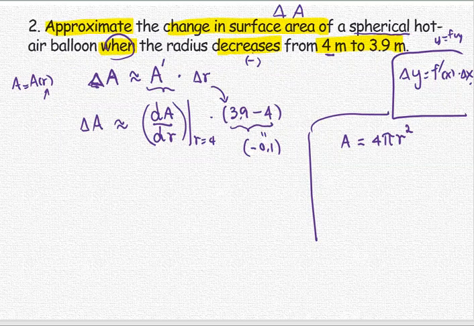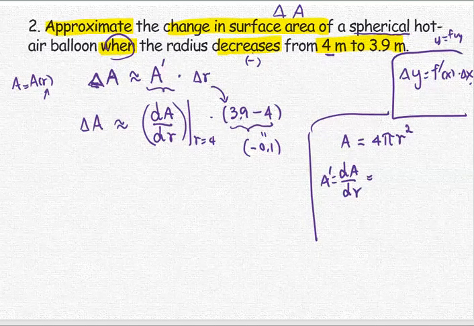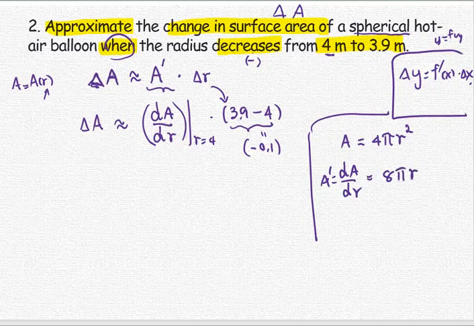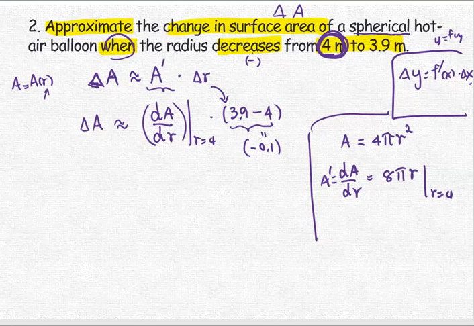So A is 4 pi r squared, and the derivative of A with respect to r, or A prime, is 8 pi times r. We evaluate when r equals 4, because that is the point of reference, where r is 4 at the beginning of the change.